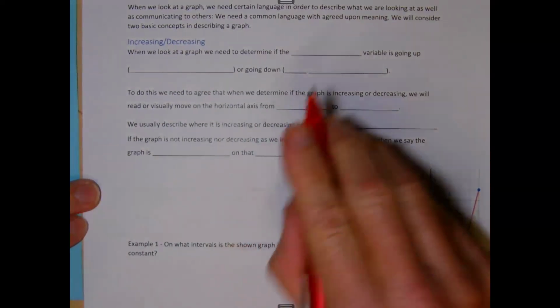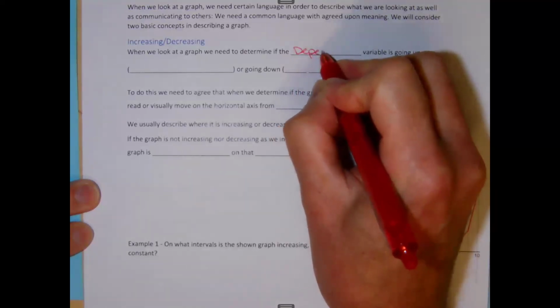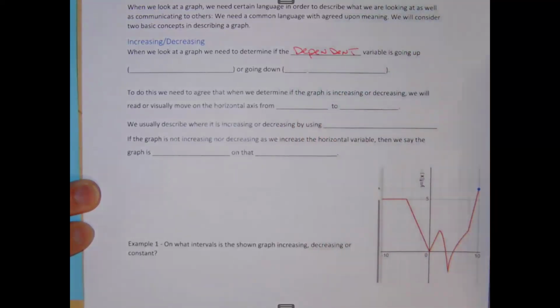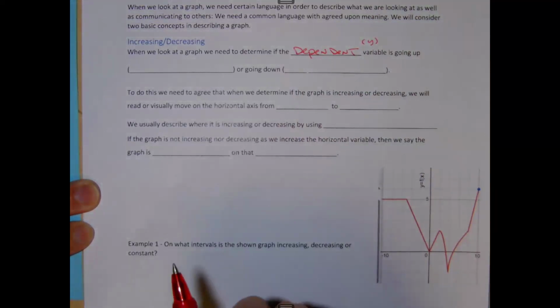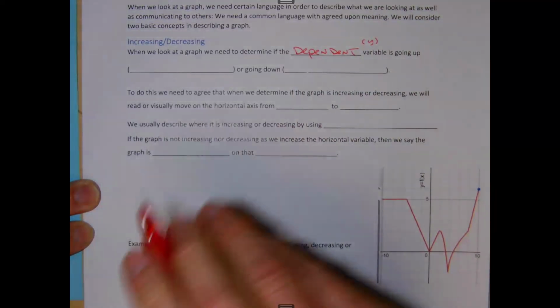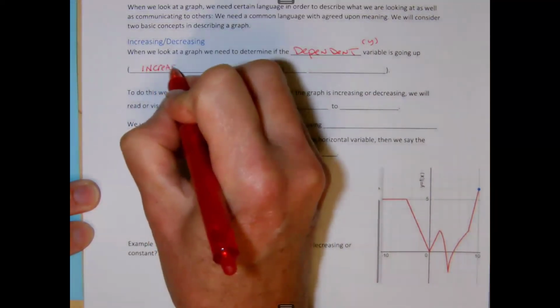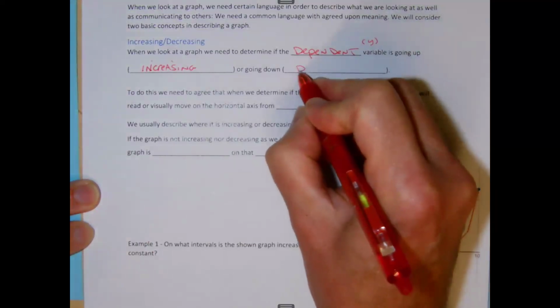When we look at a graph, we determine if the dependent variable, which is really what we call in general terms the y variable, is going up, which is increasing, or going down, which is decreasing.